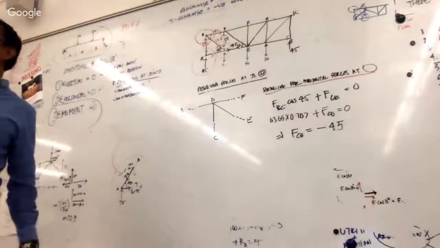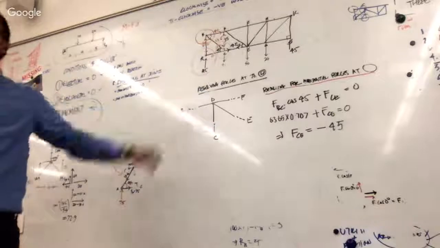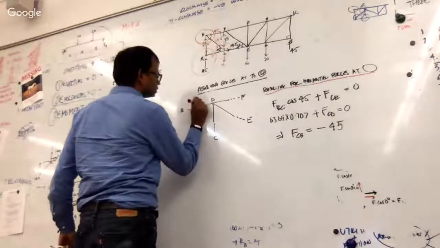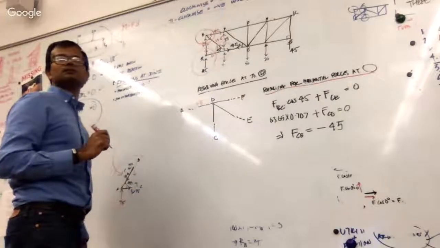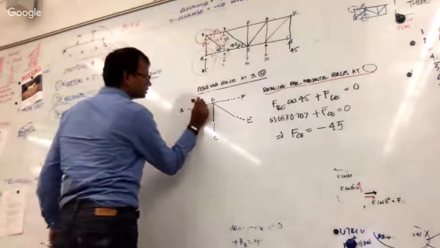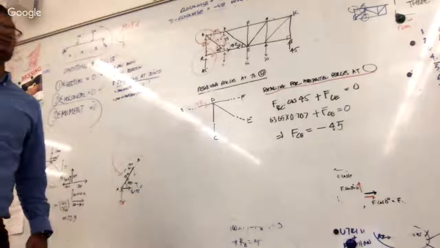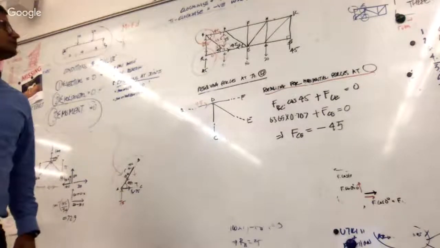We'll start with Thomas. We'll just go one by one. Thomas, what's the first force in BD? 45. And what direction is it acting at joint D? Towards it, right. Casey, what force is in DC? 25.